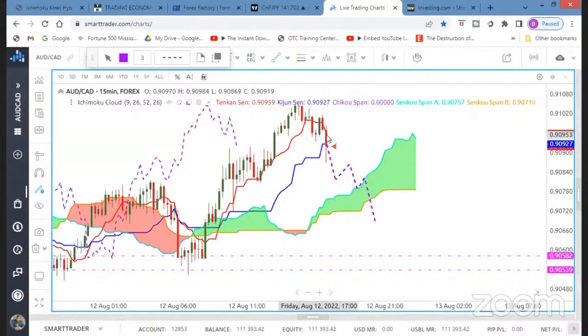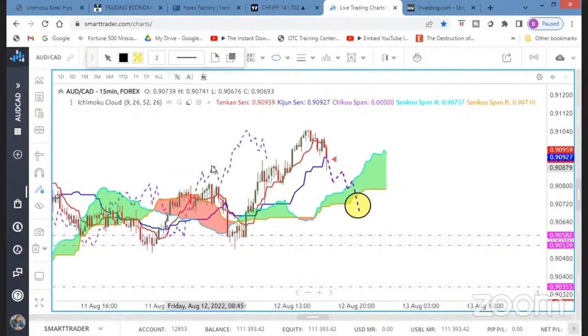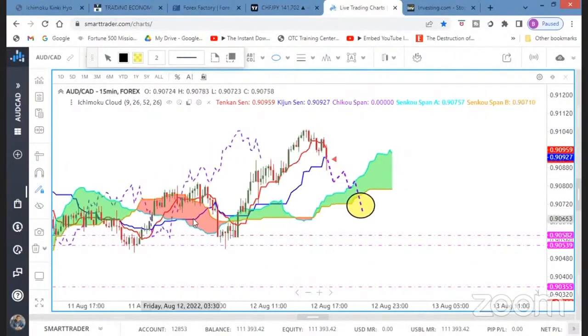So I'll have my TK crossover, I look ahead, and I can have a bearish cloud forecasted. Then I get this break and close below that, and this could be my signal entry to get short to my target. That's coming down to the 15 and getting an entry off of that. So you can use it on all time frames.